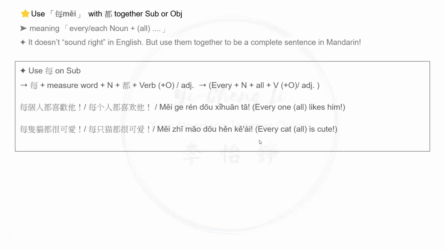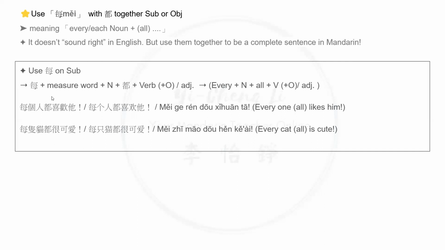So 很可爱. Every cat, all is cute. All of every cat are cute. Whatever the English translation is, this is the sentence structure in Mandarin, and the English translation is going to be odd if translated directly or literally.